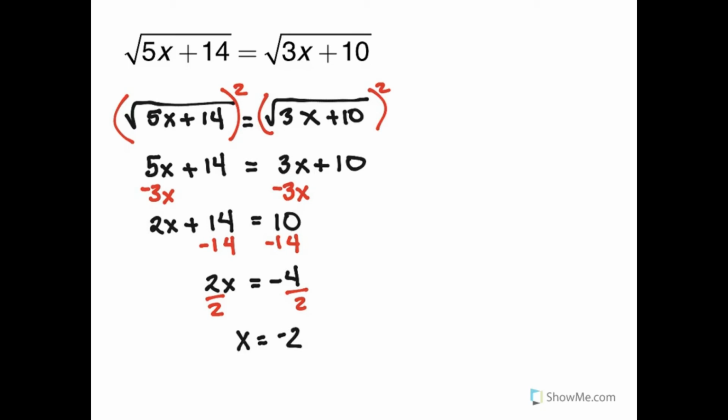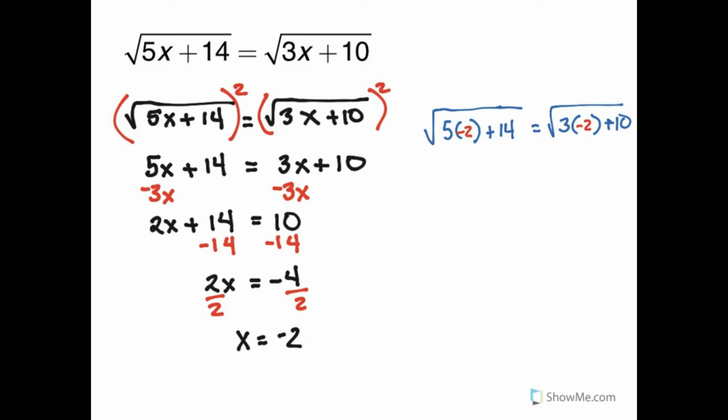Can x be a negative number inside the square root? Well, it can if it makes the expression inside positive. So let's check. The square root of 5 times whatever x is plus 14 should be equal to the square root of 3 times whatever x is plus 10, and we know x is negative 2.